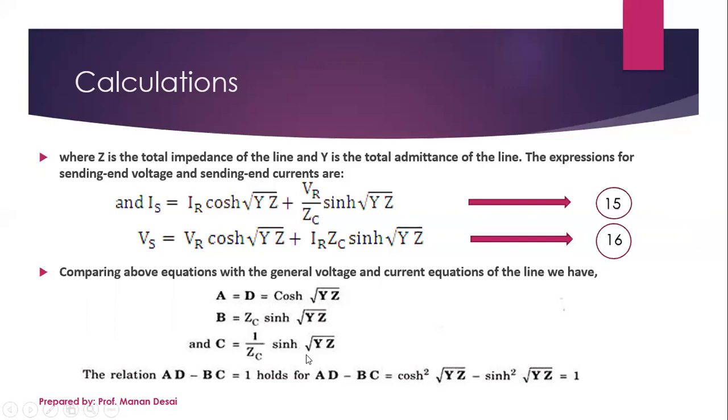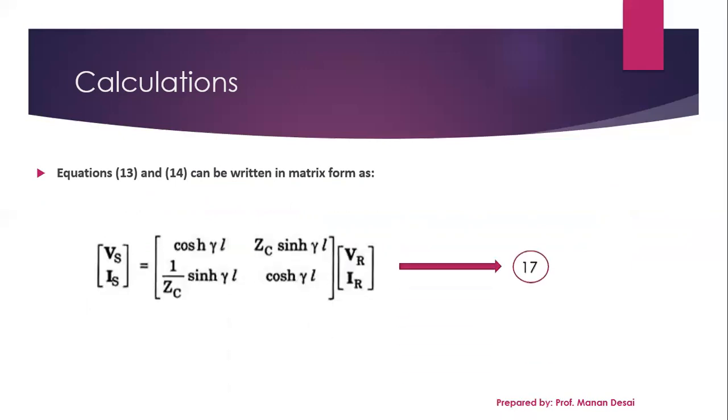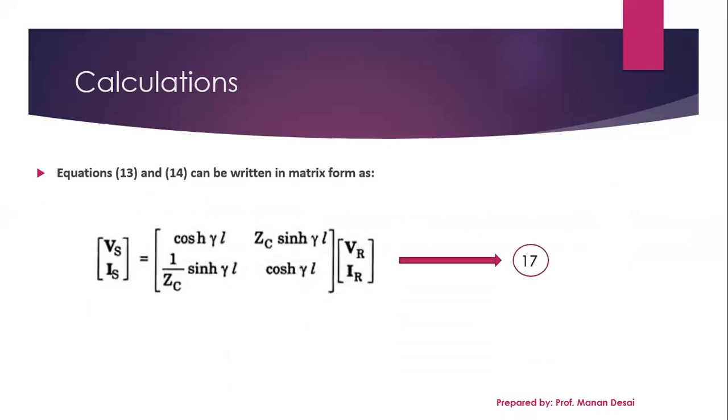The relation AD minus BC is equal to 1 holds, since AD minus BC is cosh square YZ minus sinh square YZ, which is equal to 1. So our condition is satisfied. Now equations 13 and 14 can be written in the matrix form of ABCD: VS, IS is equal to the ABCD matrix times VR, IR.